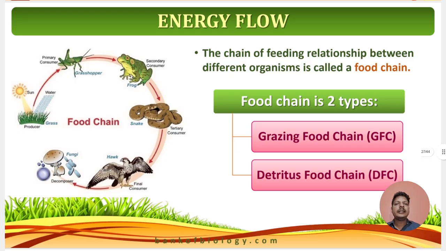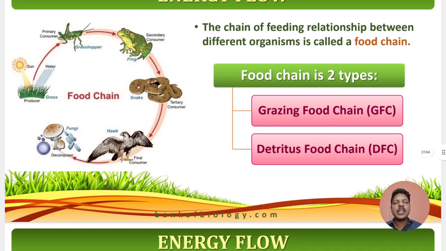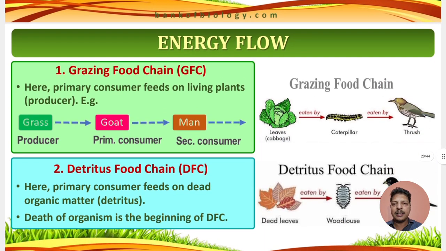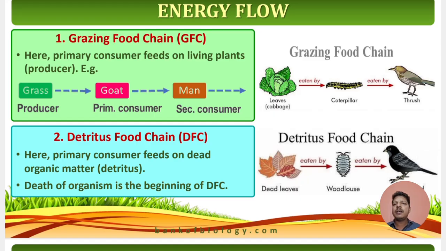Next, the chain of feeding relationship between different organisms is called a food chain. It is of two types: grazing food chain and detritus food chain, GFC and DFC. Let's see the grazing food chain. Here, the primary consumer feeds on living plants or producers.